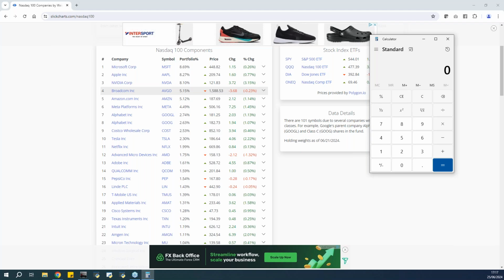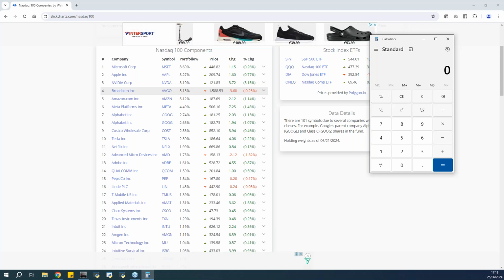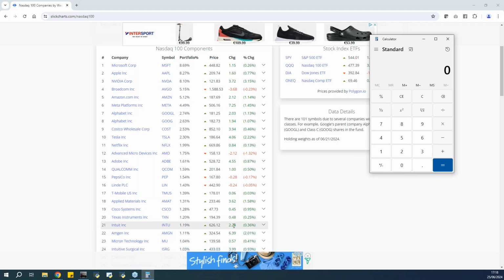So that's a very big phenomenon. Also keep in consideration that just by looking at those top 10 stocks, we're looking at more than 30% of the NASDAQ. 10 stocks, about 30% of the NASDAQ. It's actually, I think, if I remember correctly, more than 35. But anyway, we're looking at the top 25 for the moment.